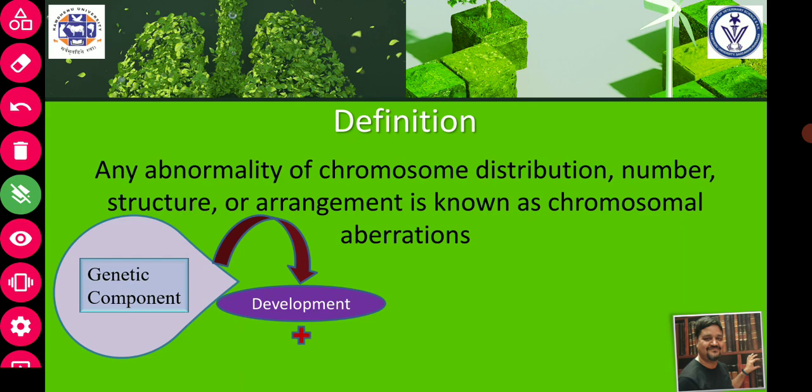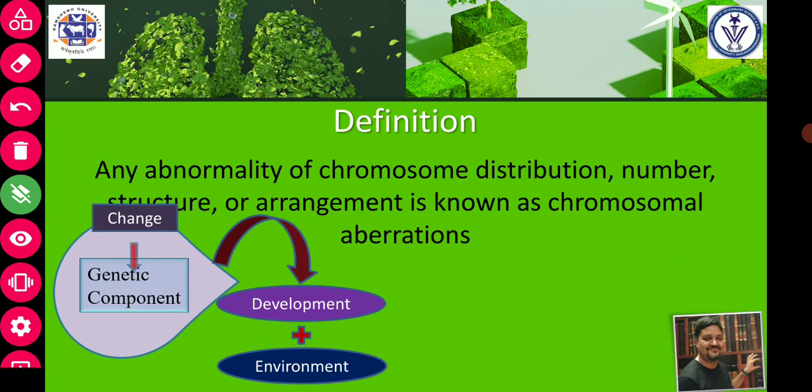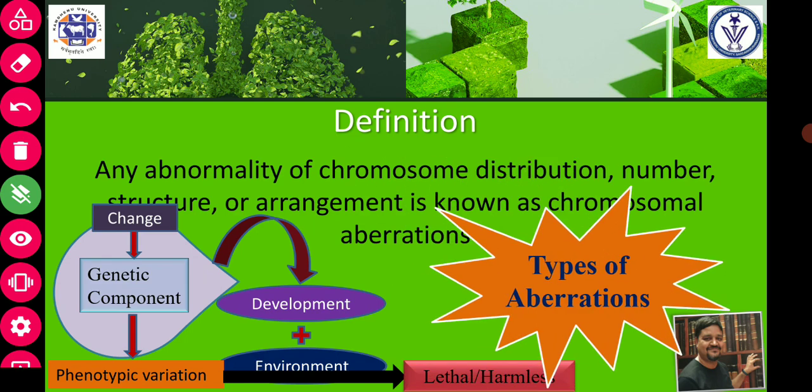If there is any change in the genetic component, it will lead to phenotypic variation, and that variation may be harmless or harmful or deleterious. Depending on that, chromosomal aberration has been classified.